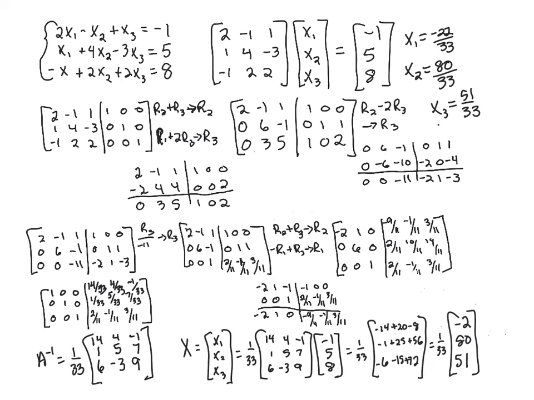Checking your work by plugging those into the original equation looks like it's going to be god-awful, but you have a common denominator. And because you have a common denominator, that makes it easy. Once you get your answer on the left-hand side, when you divide out the 33, you'll see that you get the negative 1, the 5, and the 8.